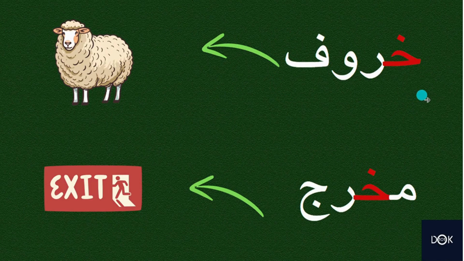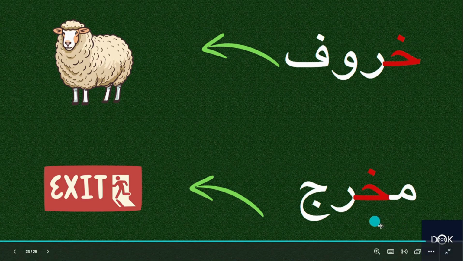So the first example here is kharoof, which is a sheep. We see that kho appears at the beginning of the word and it is joined to the letter that is followed by kho. So kho, kharoof. Next word is makhraj, and makhraj is also used for exit.